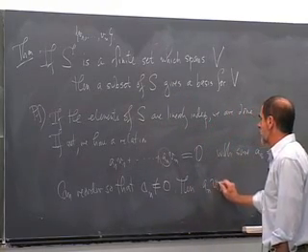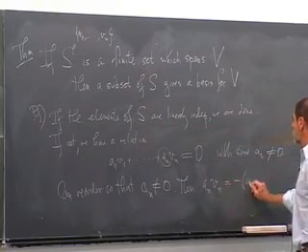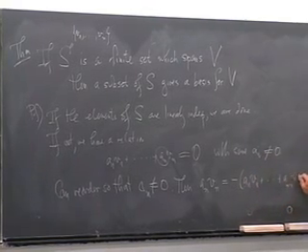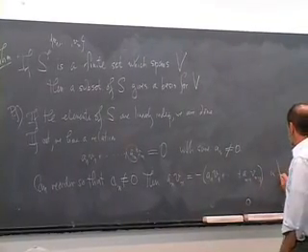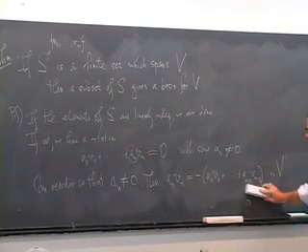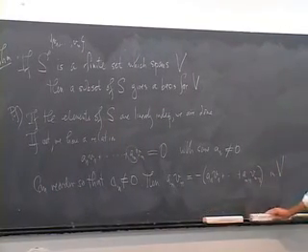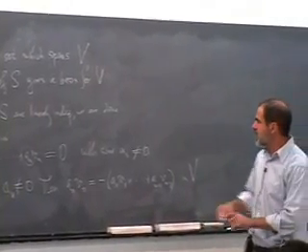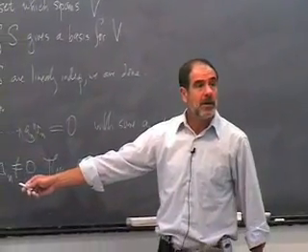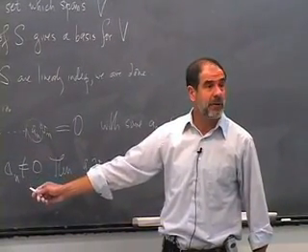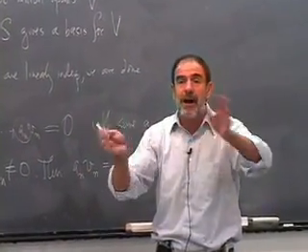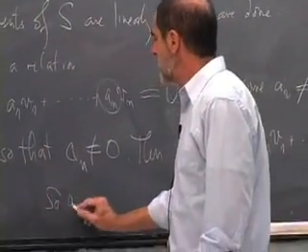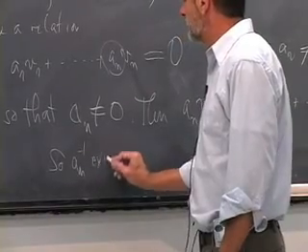Then an vn is equal to minus (a1 v1 plus ... plus a(n-1) v(n-1)) in V. That's what that linear relation means. And now, this is the key point, we use the fact that we're in a field. When you have a non-zero element in the field, you can write down its multiplicative inverse. This is the only thing we're using about fields. Okay, so an inverse exists.